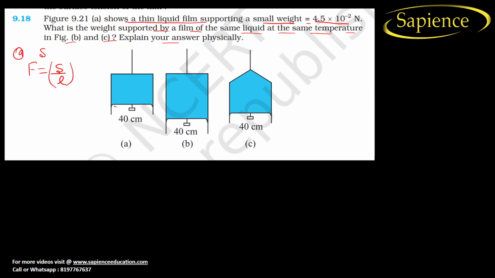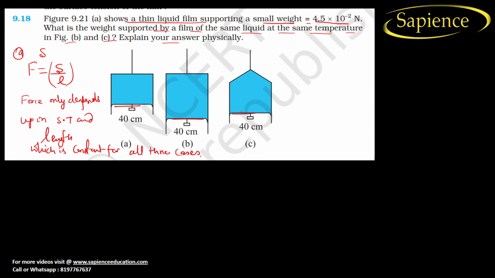The length is 40 centimeter for case A, and 40 centimeter for B and C cases also. So the force only depends upon surface tension and length, which is constant for all three cases.